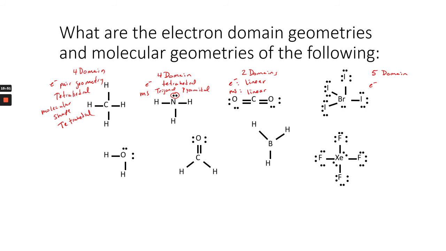So its electron pair geometry is called trigonal bipyramidal. One of them is a lone pair, so its molecular shape will not be trigonal bipyramidal. It'll be seesaw.